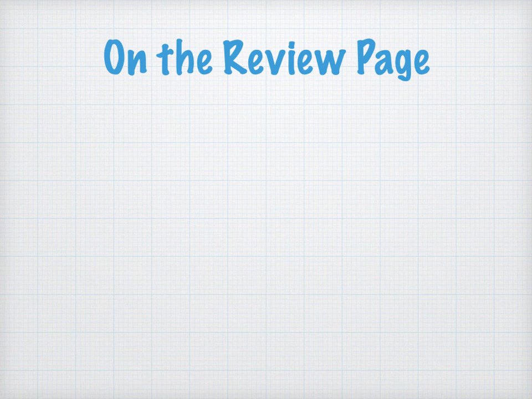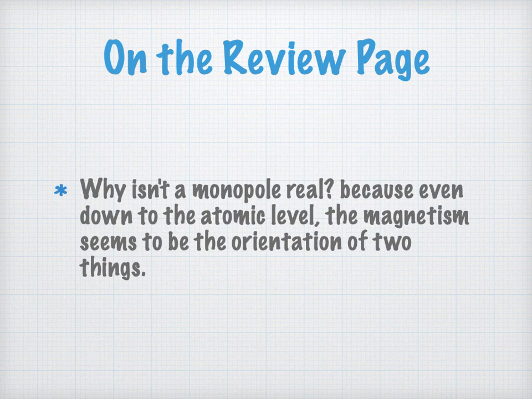In the concept section, the first question is, why isn't a monopole real? Basically, I gave this as an answer. It's not taken from a book or anything, but it's because even down to the atomic level, magnetism seems to be the orientation of two things. It's an imbalance within the atom, which creates magnetism, which means that there's always a north and south.